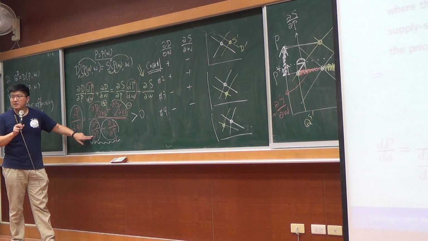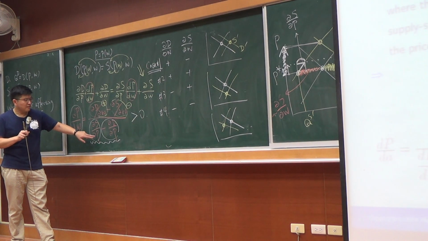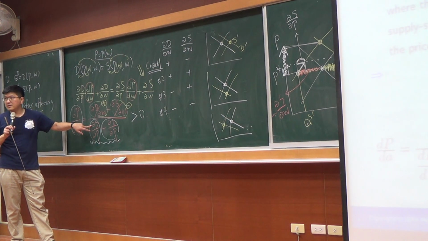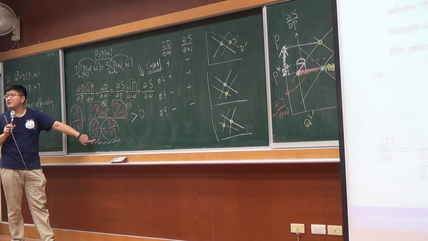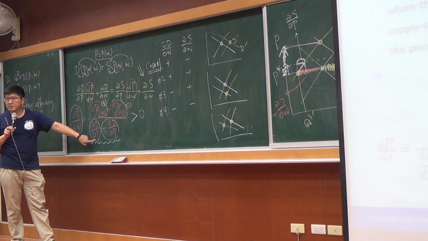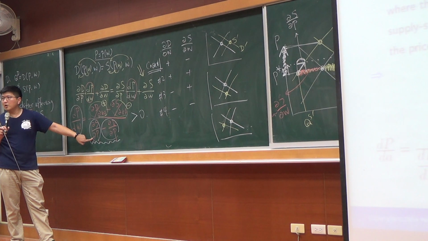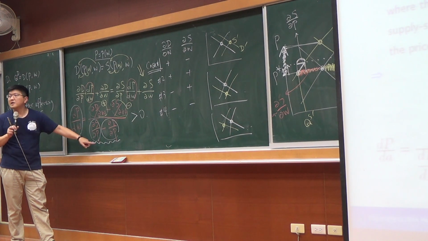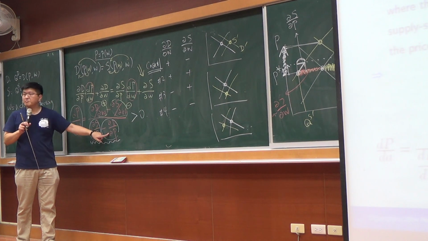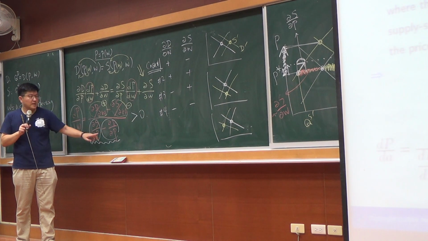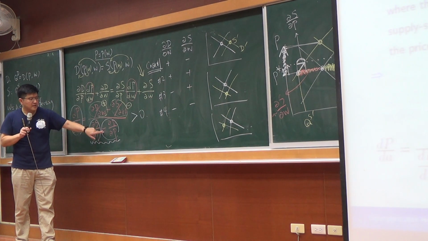The direction of the change of S by an increase in P. Once again, the direction of the change of S by an increase in P. Because of the law of supply, this must be positive. Minus the law of demand, so this must be negative. So positive minus a negative.